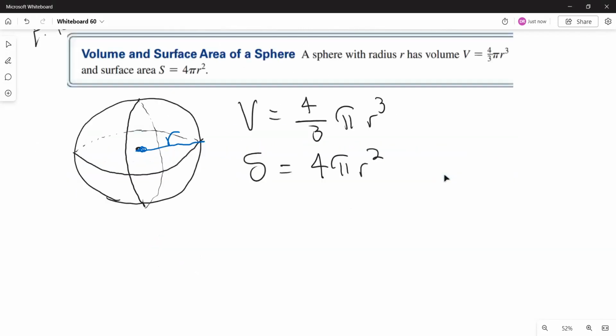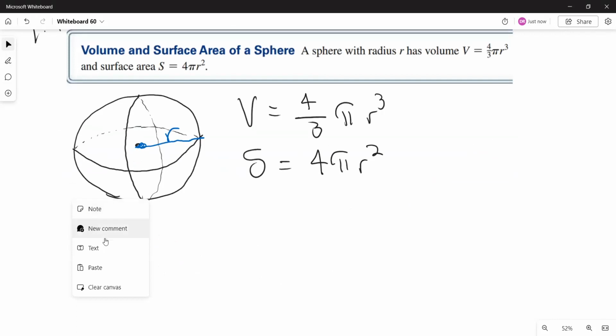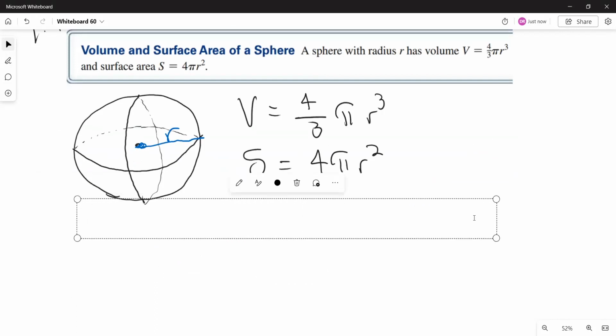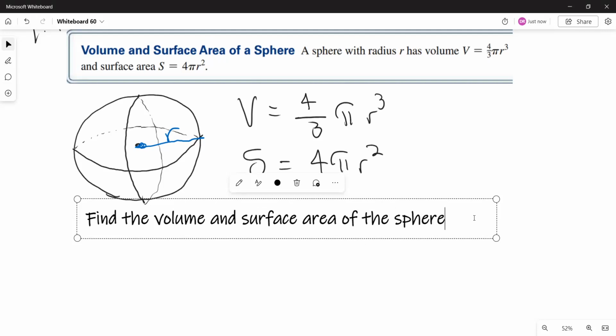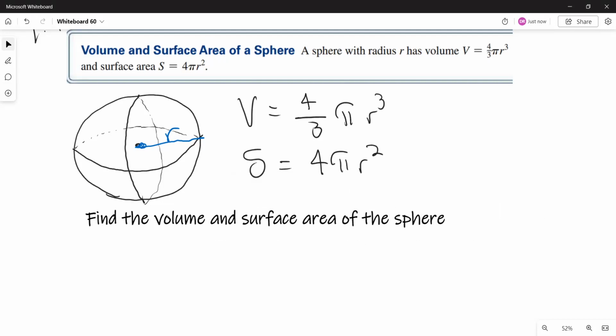Okay, so let's do an example of this formula. We're going to find the volume and surface area of the sphere. So we're doing number 4.